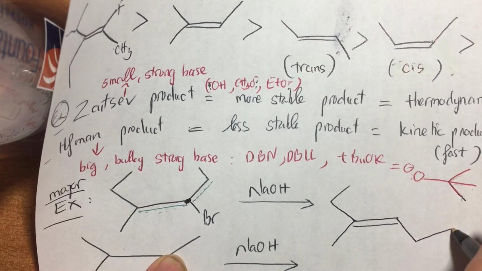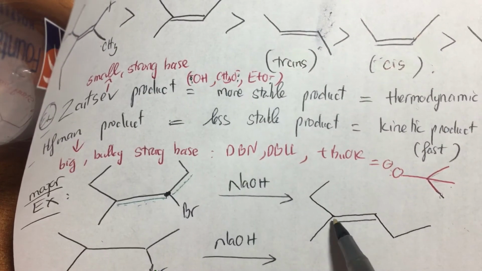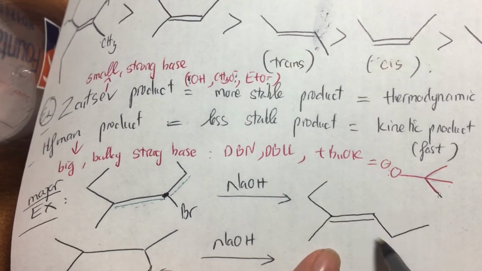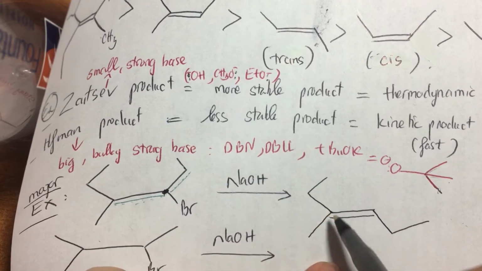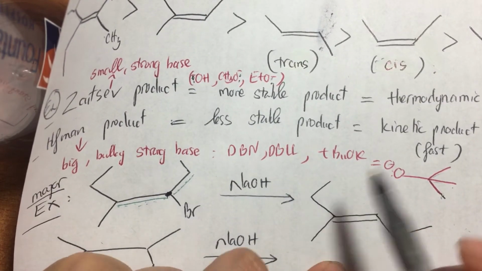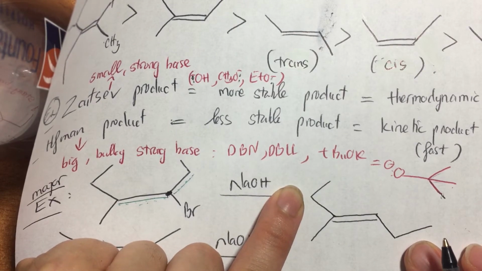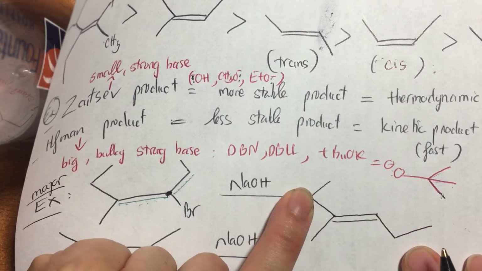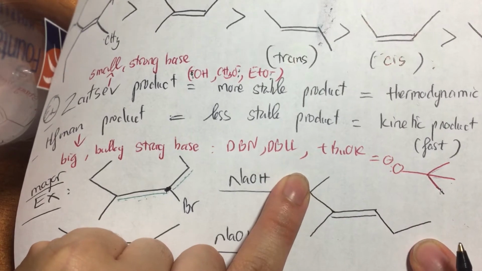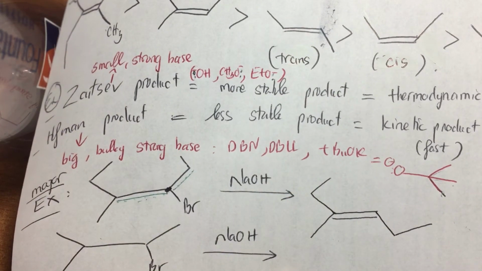Why do I want to flip this down? Because these are really bulky and these are really bulky. The bulky parts want to stay away from each other as much as they can. This is a trans product of the tri-substituted product, so this is the most stable one.